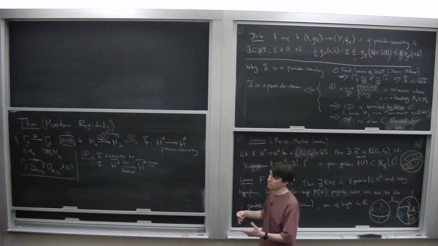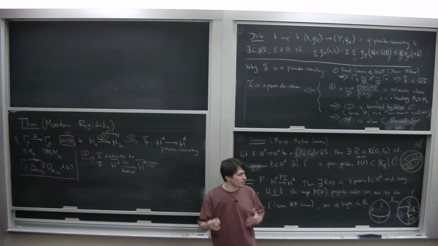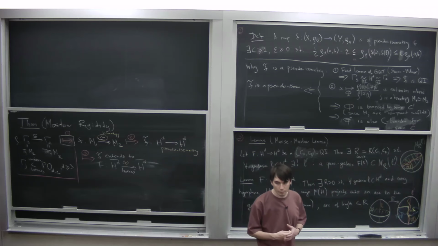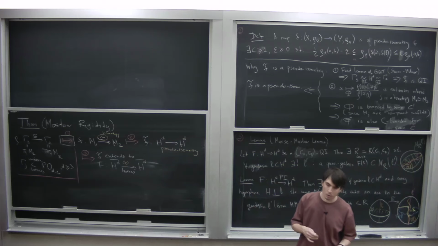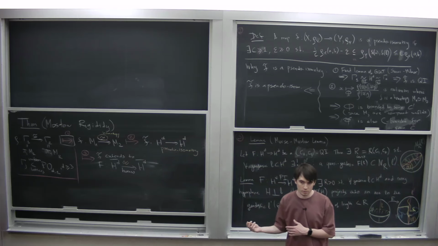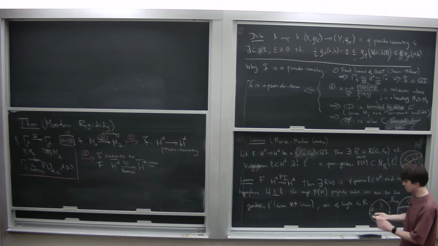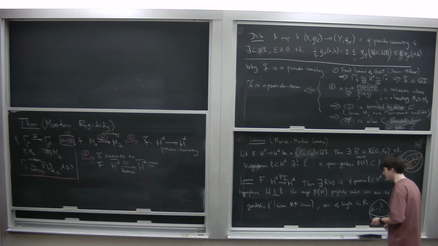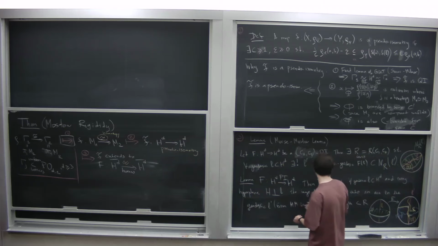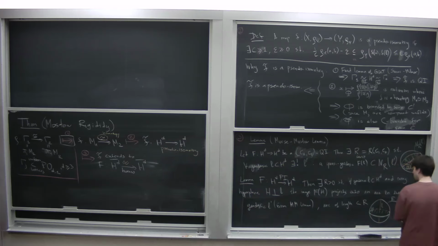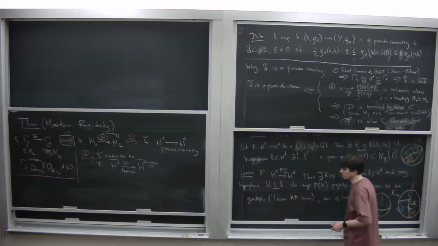Okay, we can identify the boundary as the set of equivalence classes of actually geodesic or quasi-geodesic rays, right? So I will just write here the idea how to use this.